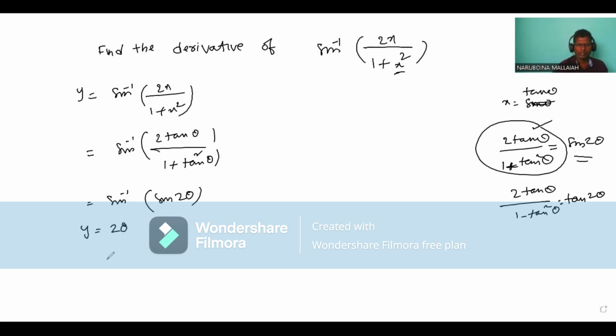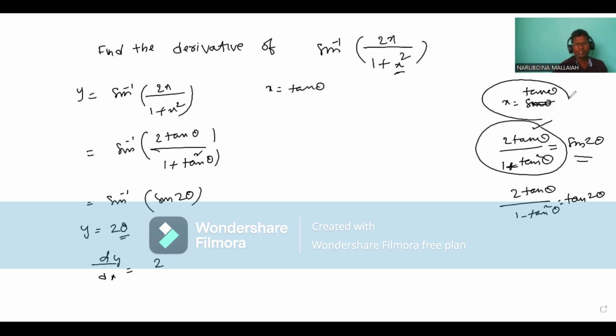Now we are going to differentiate it, dy by dx. In the place of theta, we have to write theta in terms of x. Here x is equal to tan theta, as we assumed in the beginning.